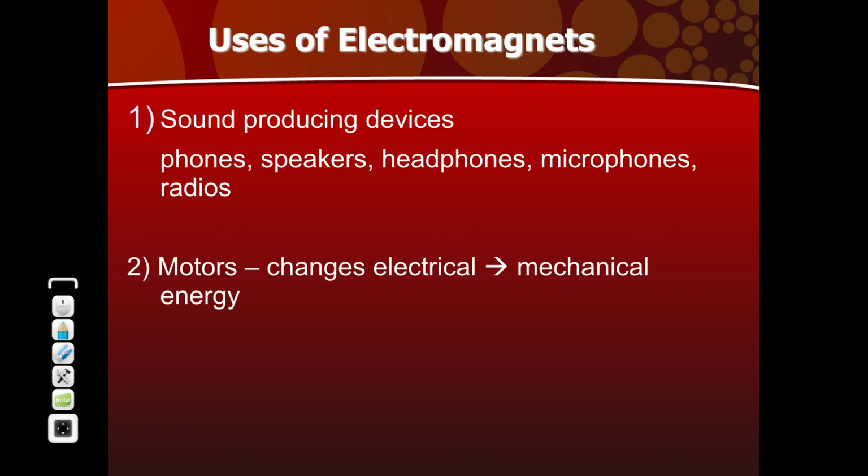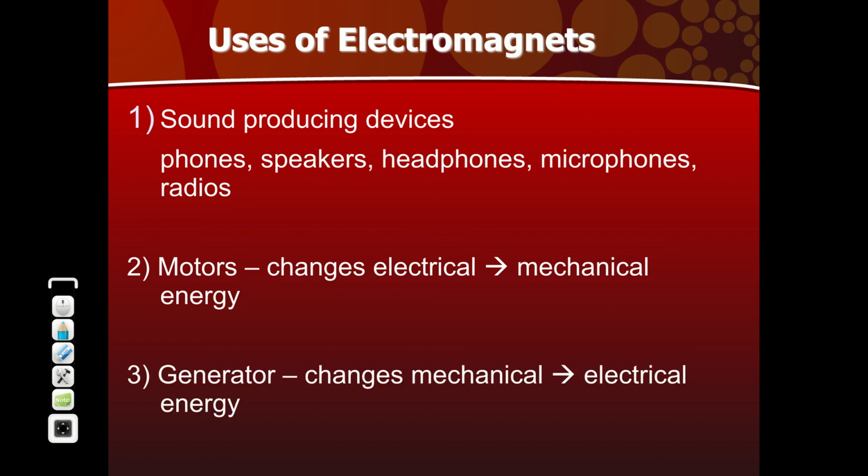Motors. A motor has an electromagnet. It's what helps spin. It's what helps change the electrical energy and the mechanical energy, and vice versa. Generators use electromagnets to change mechanical energy into electrical energy.